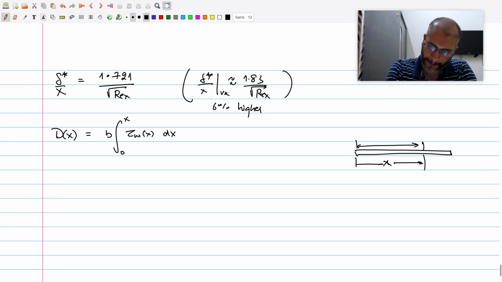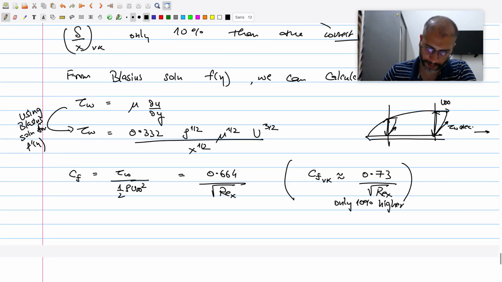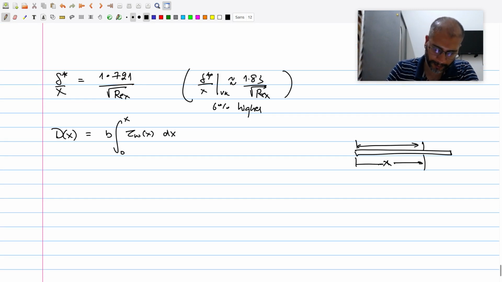I already mentioned the expression for tau wall here. If you put the expression here and integrate, what we get is 0.664.